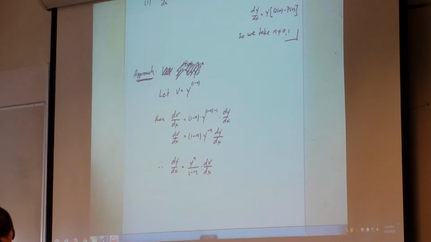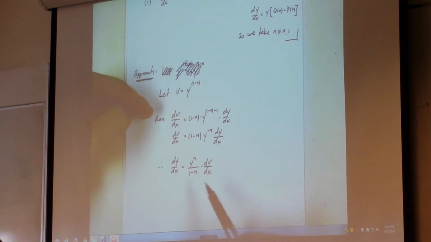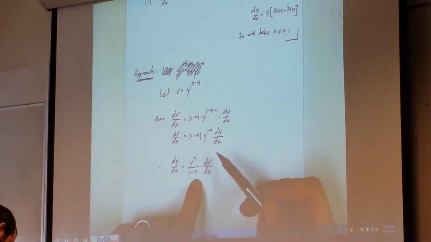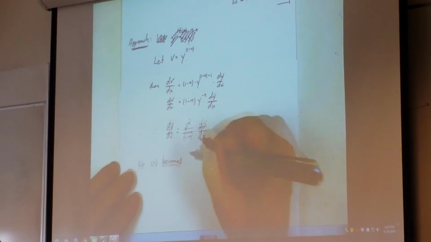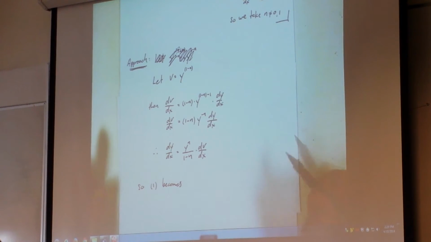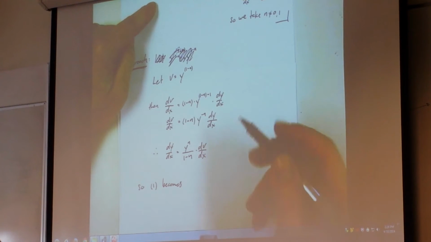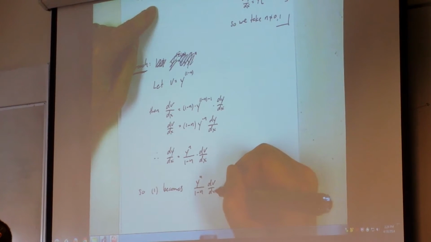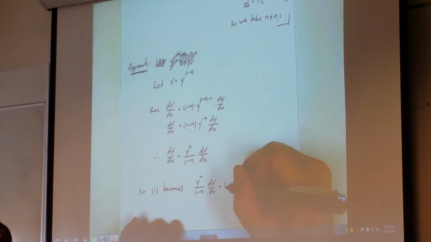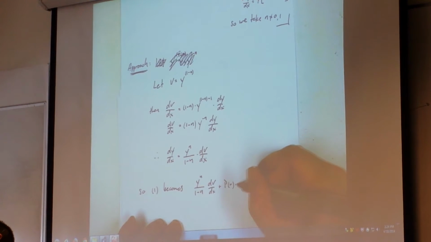Now what we do is substitute that into equation 1, replacing dy/dx with that. This is the theory. We're going to do particular examples. Let's just start right here. So equation 1, replace dy/dx with this: y to the n over 1 minus n dv/dx plus p of x y.